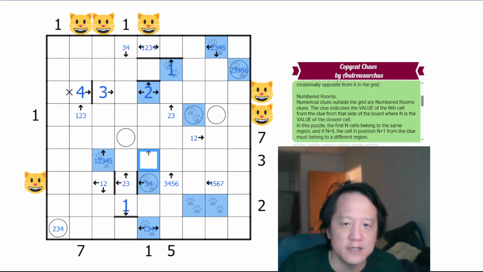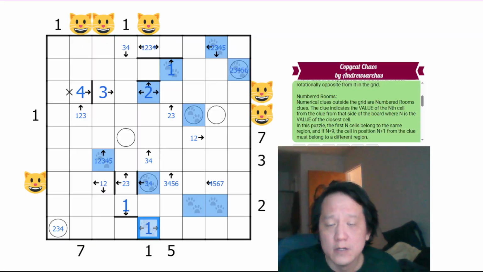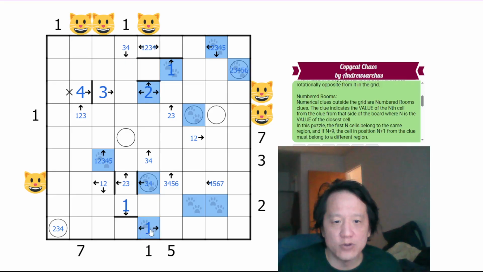So this is at least going to be 3. So the value of this is never going to be 1. So therefore, this has to be a 1 here. Right? The clue indicates the value of the nth cell. It could only be 1, 3, or 4 here. So this must be 1.